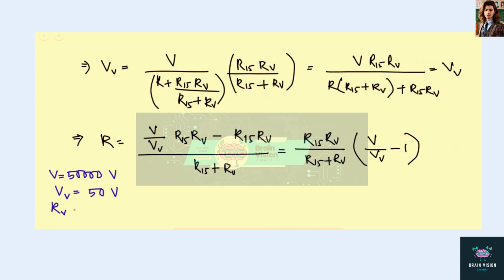So we have RV equal to 10 mega ohm and R15 equal to 15 mega ohm. Plugging all these values over here, you find R to be equal to 5,994 megaohms.